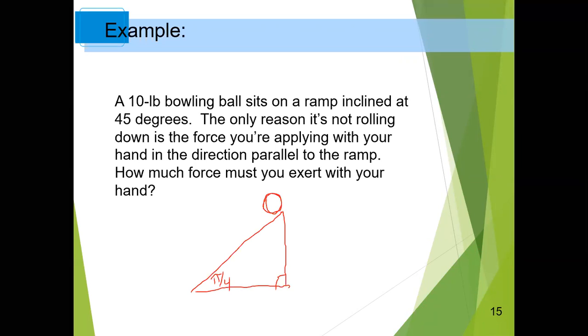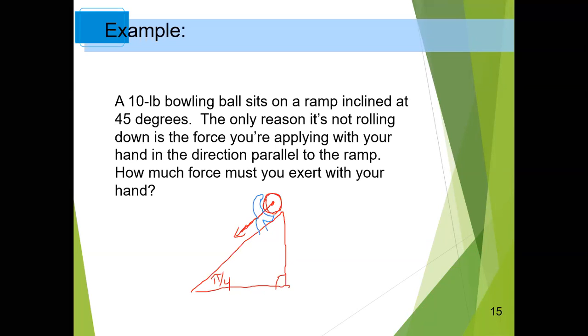The only reason it's not rolling down is the force that you're applying with your hand in the direction parallel to the ramp. So this bowling ball is wanting to go down at some kind of force, and my hand is right here. Here's my hand. It looks like a claw or something like that, right?